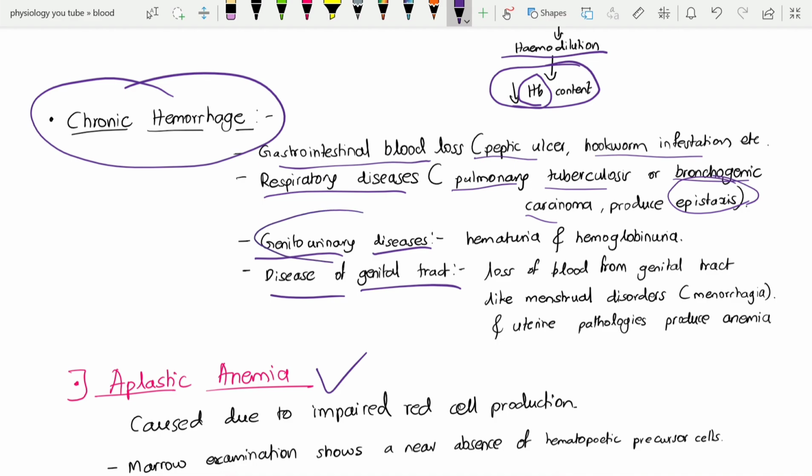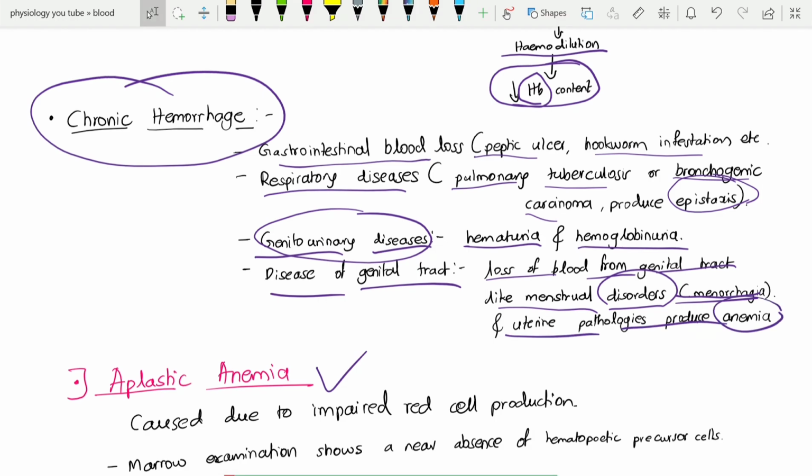Genitourinary diseases include hematuria and hemoglobinuria. In diseases of the genital tract, loss of blood like menstrual disorders, menorrhagia or uterine pathologies produces anemia.